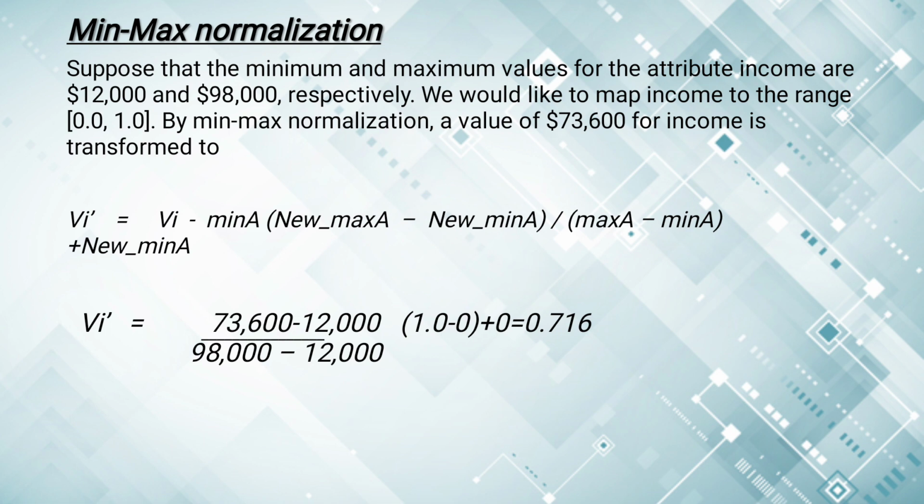This is the transformed data. Here we have specified the range from 0 to 1, so we have the result 0.716. It is a transformed data.